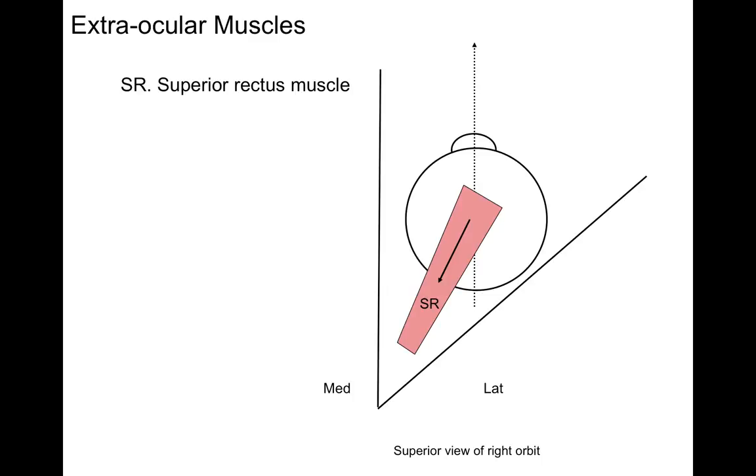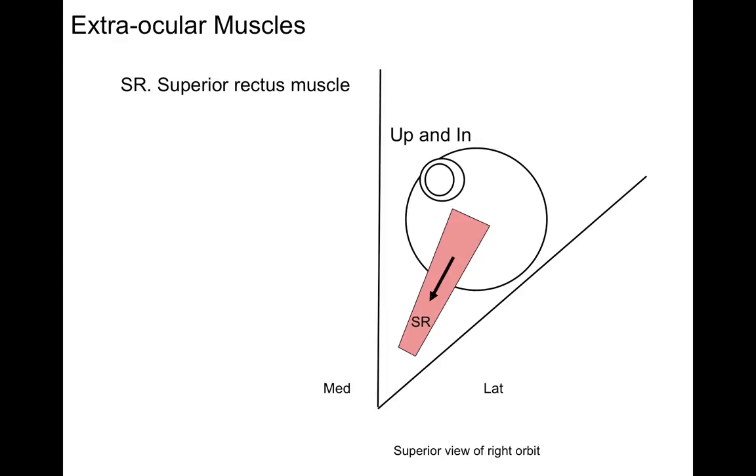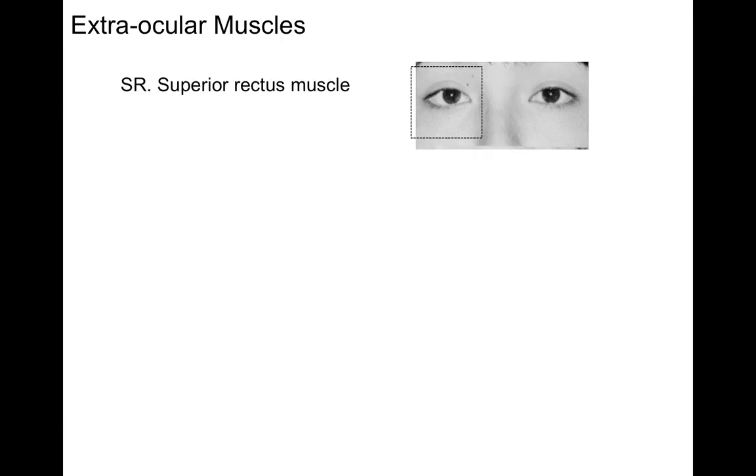A superior view of the right orbit, showing our superior rectus muscle and the vector of that superior rectus pull. When this muscle contracts, it causes the eye to look up and in because we're 23 degrees off. Up and in.